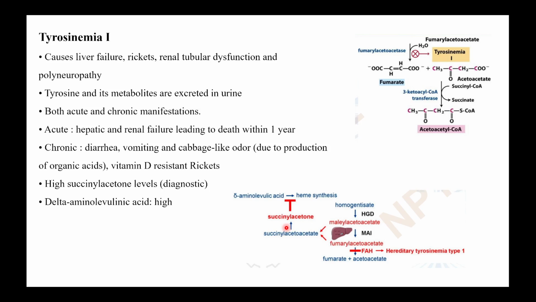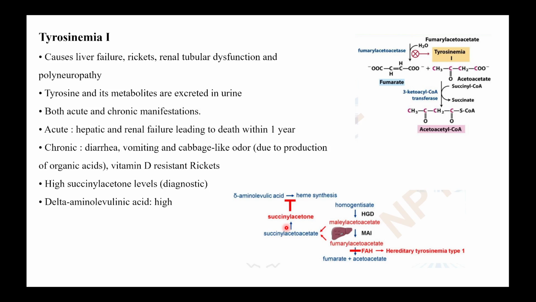The succinyl acetone level is a diagnostic feature for tyrosinemia type 1. So this is important for you to remember: which compound is actually measured to diagnose tyrosinemia type 1. It is succinyl acetone.